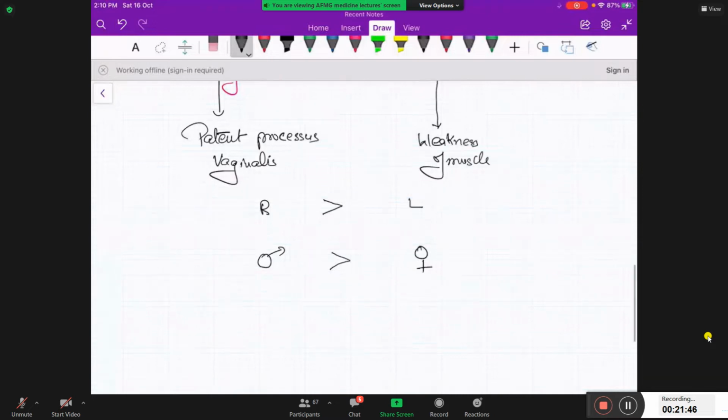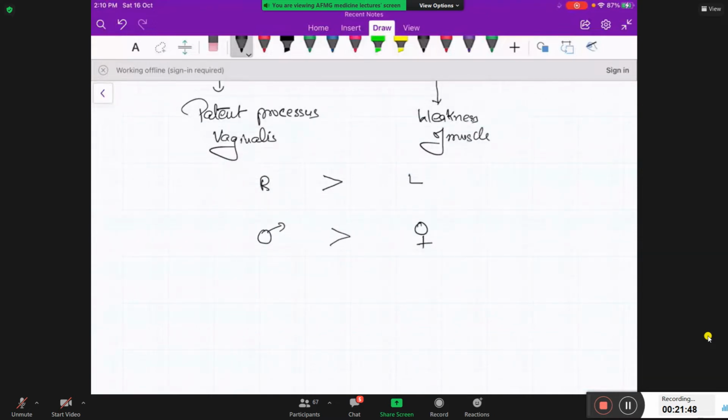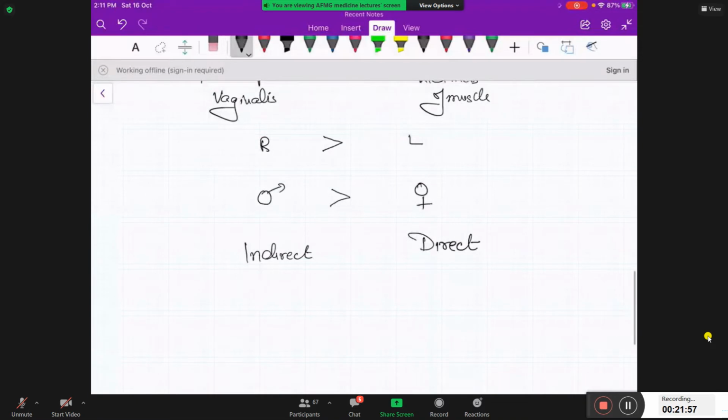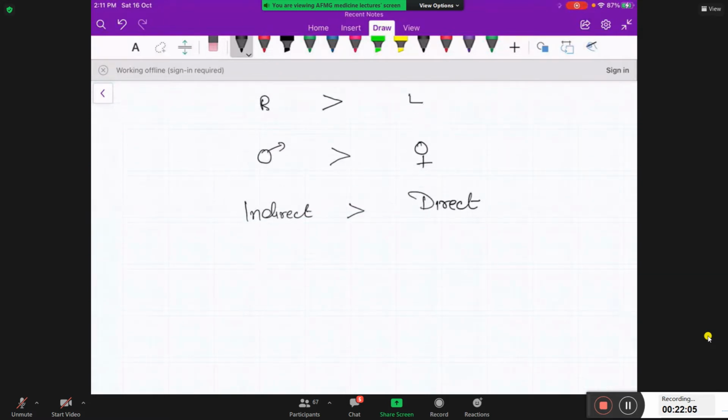Inguinal hernia can be indirect, can be direct. Indirect or direct, which is more common?